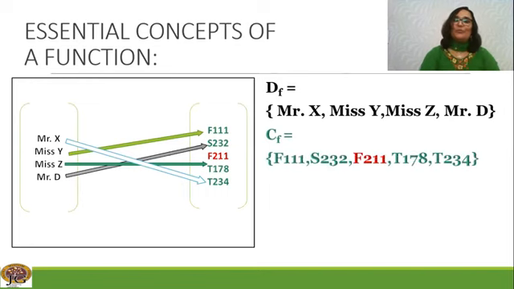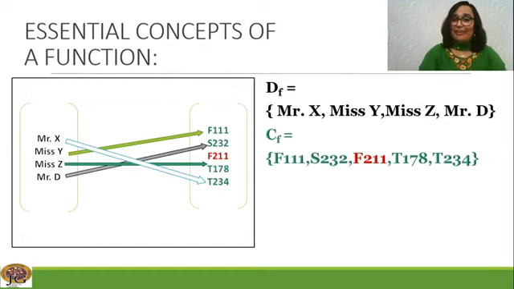But now, there is one element of your codomain. If you see, I have separated it in red color. What do you think? Out of the 5 elements, that one roll number, F211, why have I colored it red? Why have I separated it? Any idea?